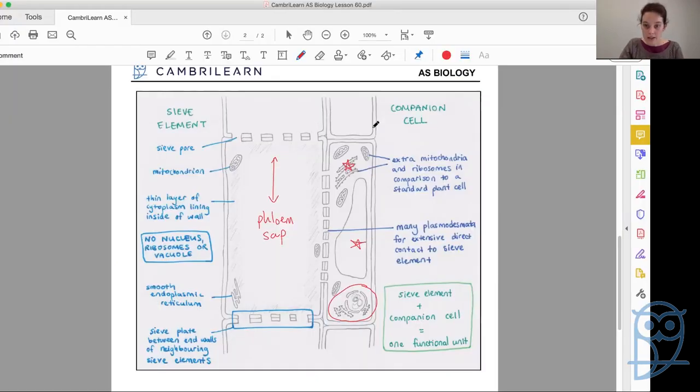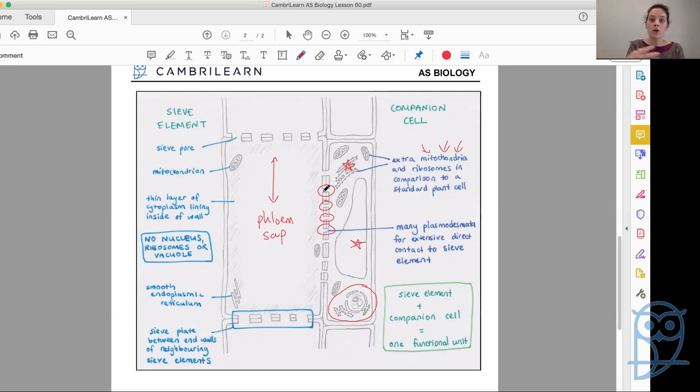Other important things to note is you've got lots of mitochondria. Okay, this is not your standard amount of mitochondria in a plant cell, and you've got lots of plasmodesmata. Okay, so think back to organelles and what's the functions of your mitochondria. Production of ATP, aerobic respiration. What's the function of plasmodesmata?